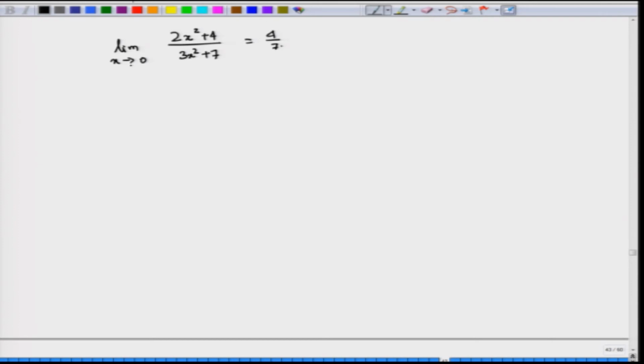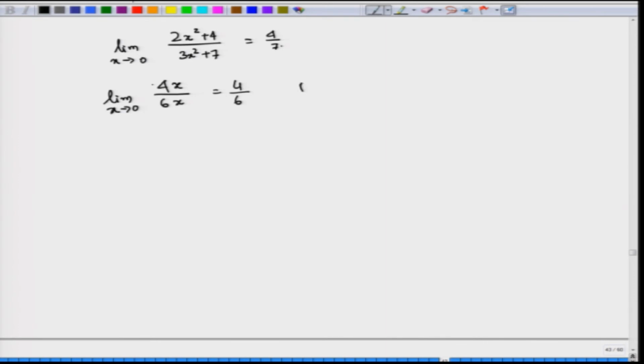Now, if I apply L'Hopital to this, then what is going to happen? The limit as x goes to 0, this is equal to 4x divided by 6x, this gets cancelled, 4 by 6, which is not true.